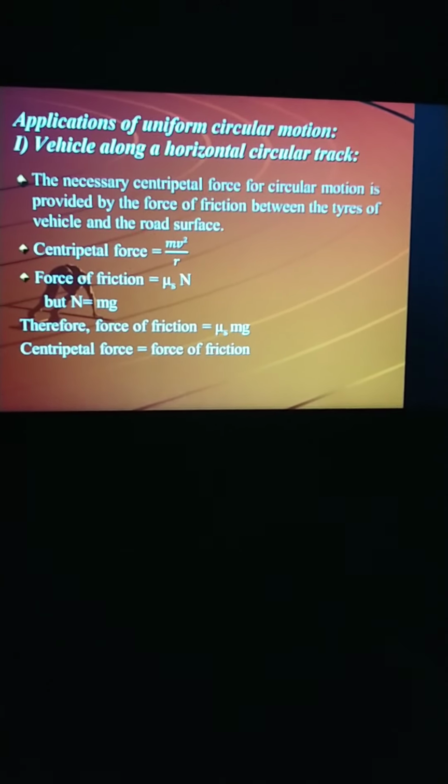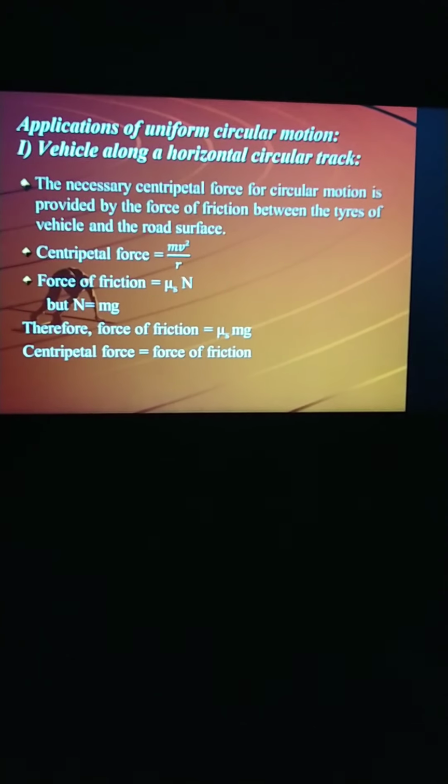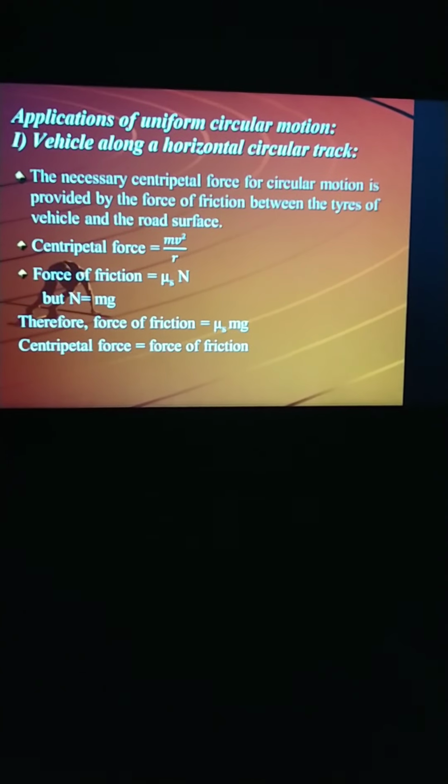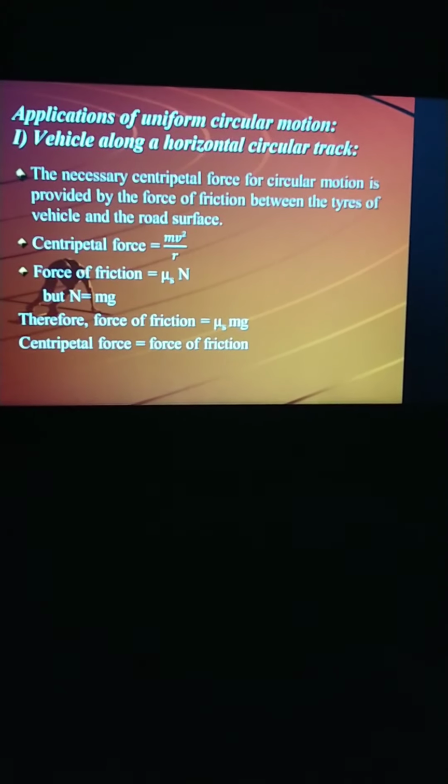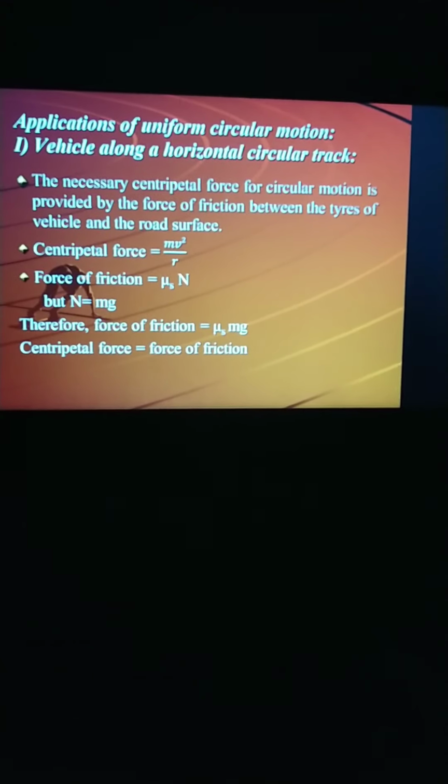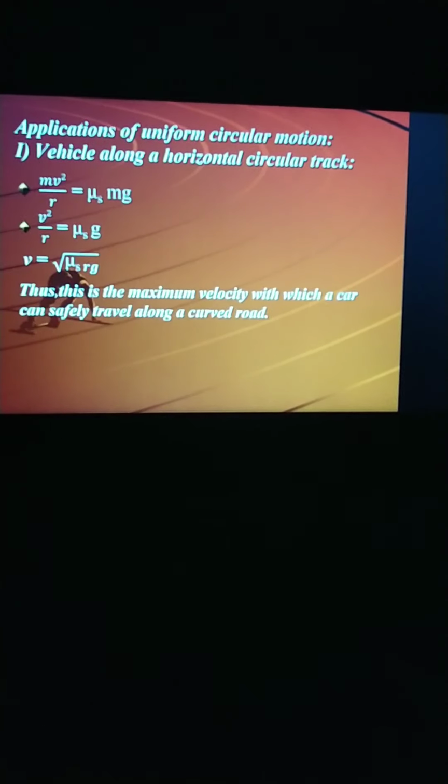Now as the vehicle is traveling, the necessary centripetal force is provided by the force of friction. You can equate both equations, so centripetal force equals force of friction. Equating, we get mv square upon r equal to mu s mg.